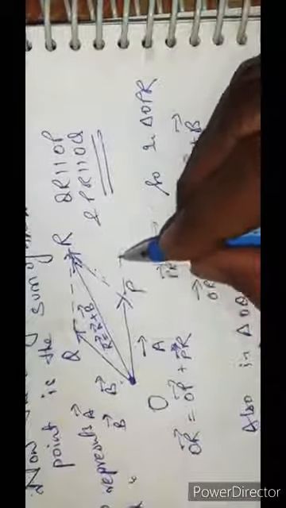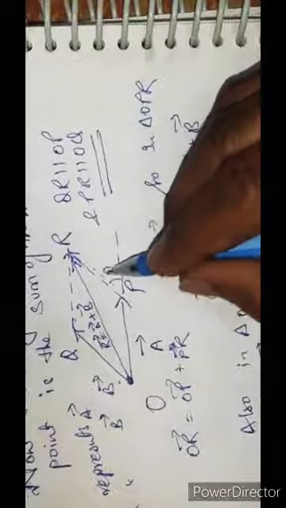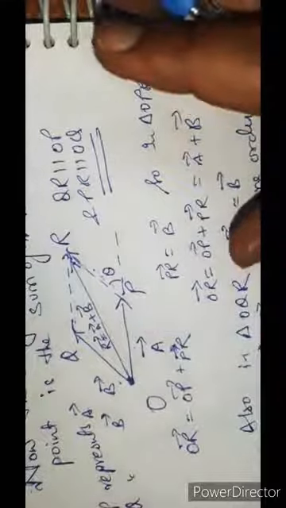See, as you can see here, this is the angle between vector A and vector B. Let this be theta. Same, remaining everything we have to follow as per triangle law of vector addition.